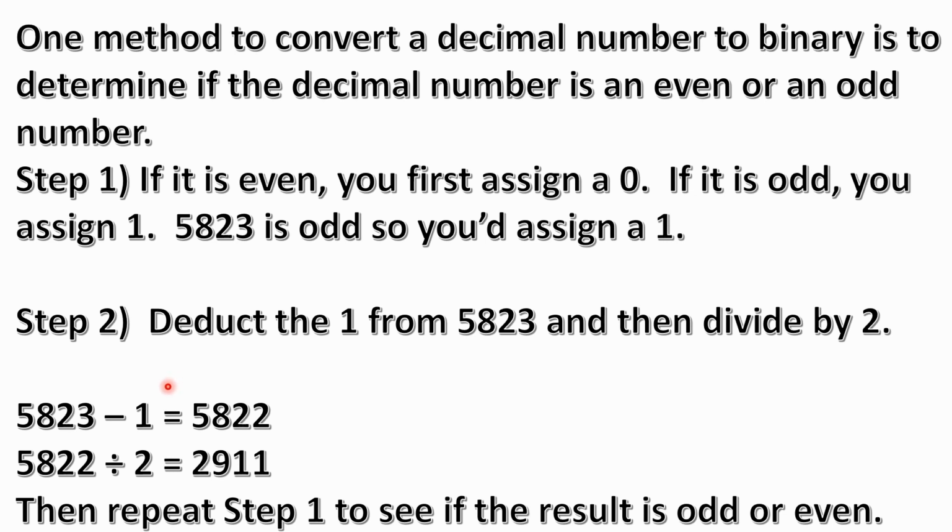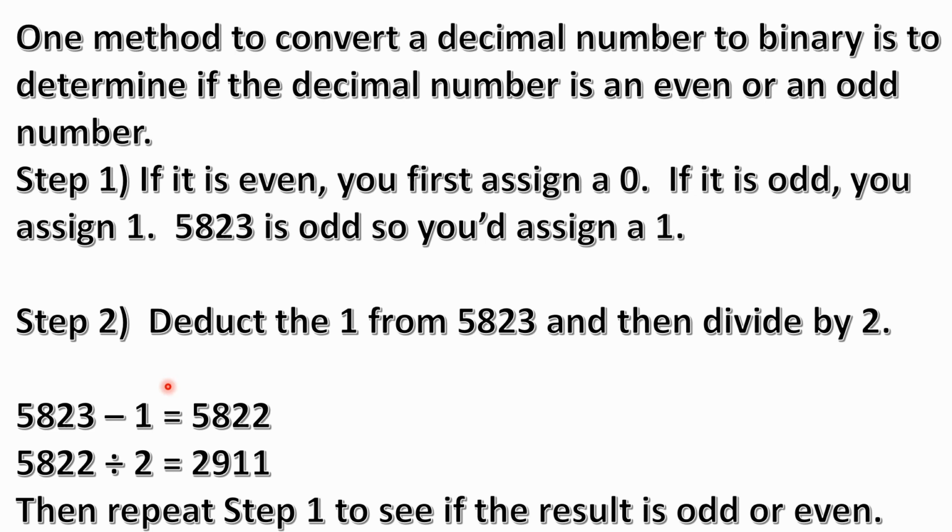We write that off somewhere. Then the next step, and I know this sounds strange, is you deduct a 1 from 5,823 and then divide that result by 2. So 5,823 minus 1 is 5,822. 5,822 divided by 2 is 2,911.